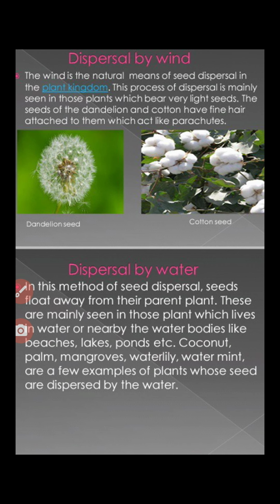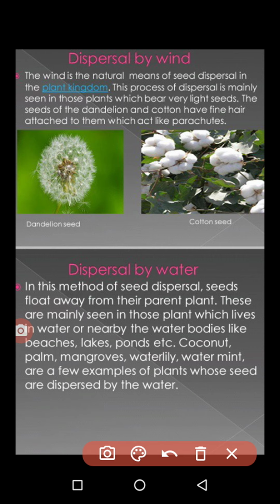Now seed dispersal by water. There are three types of dispersal, and the first type was dispersal by wind, and the second is dispersal by water.